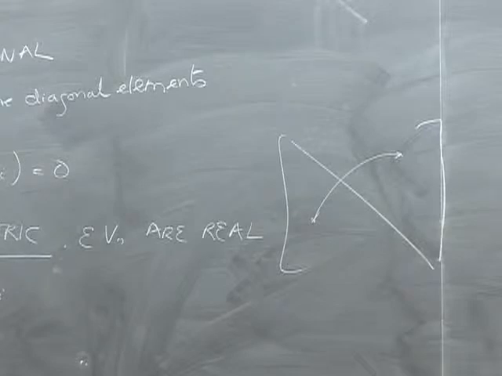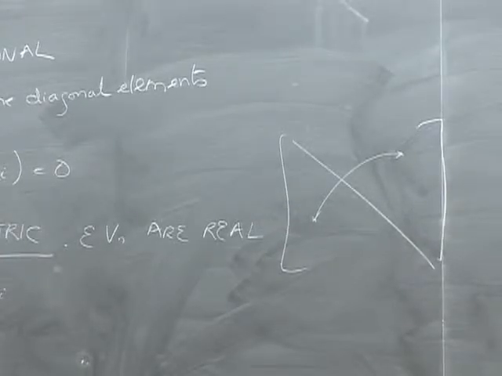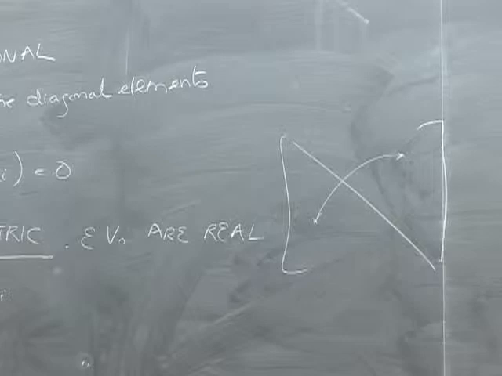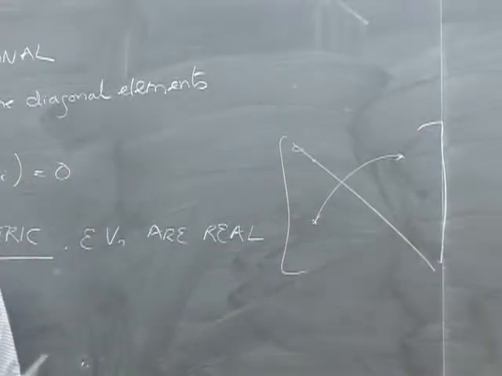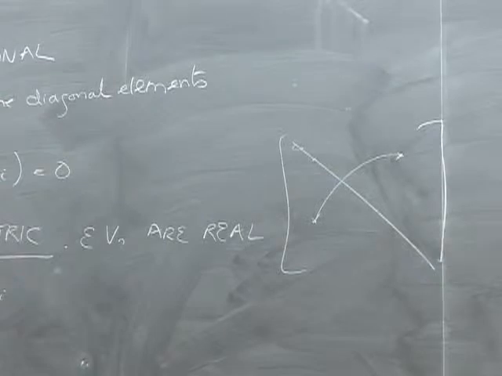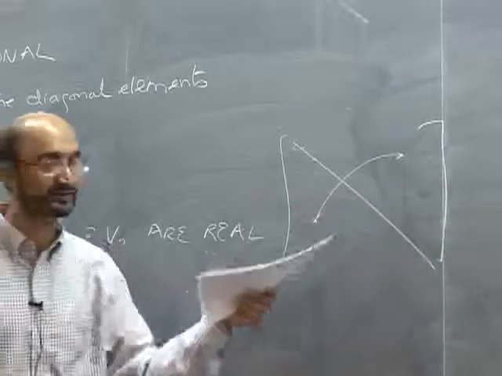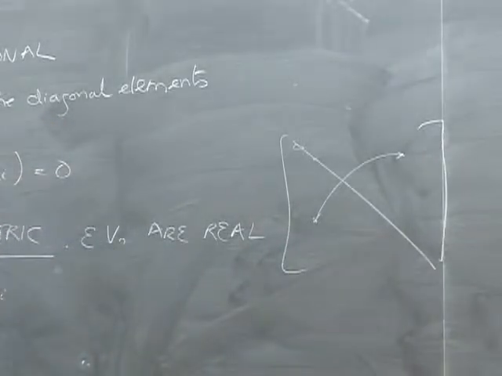If it's symmetric, then you can show that all the eigenvalues are going to be real. Okay, that's a good thing to have. Of course the diagonal elements will need to be real as well, since we know the diagonal elements are the eigenvalues.